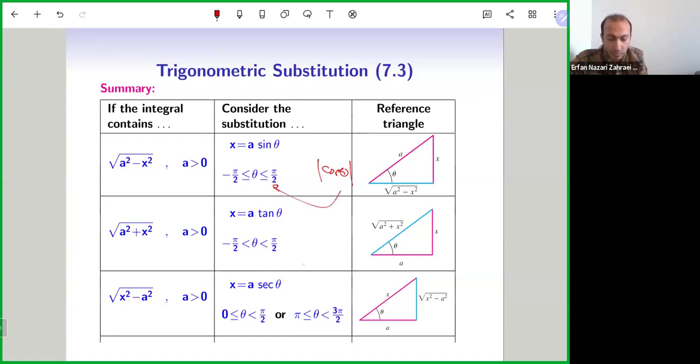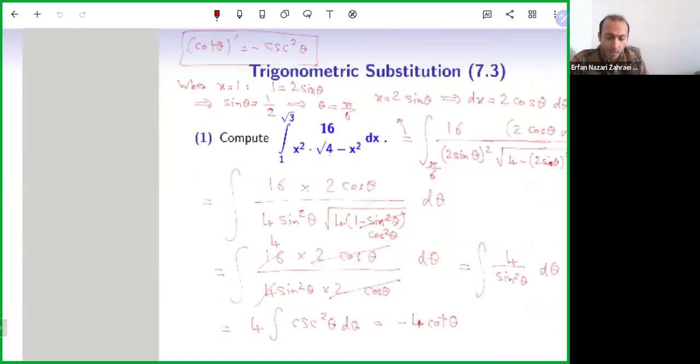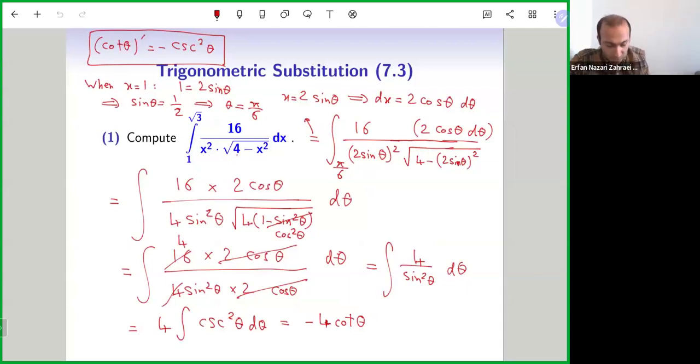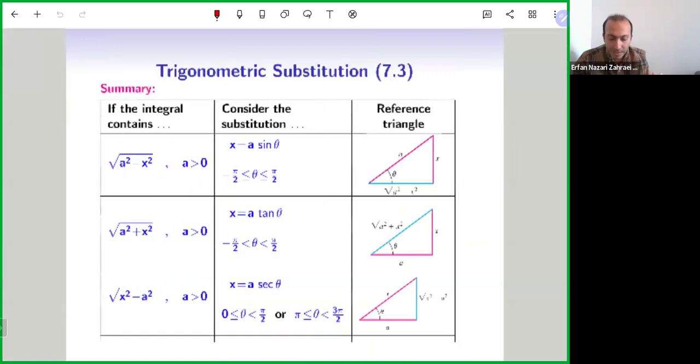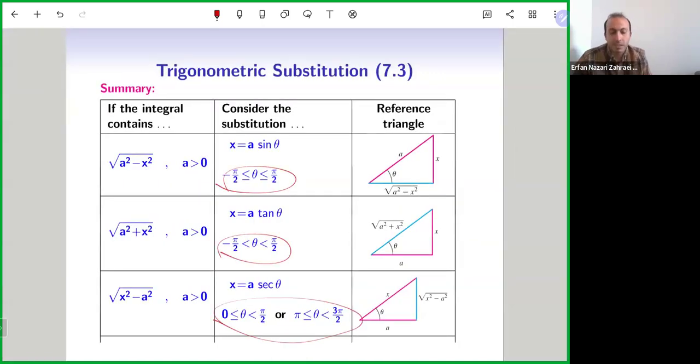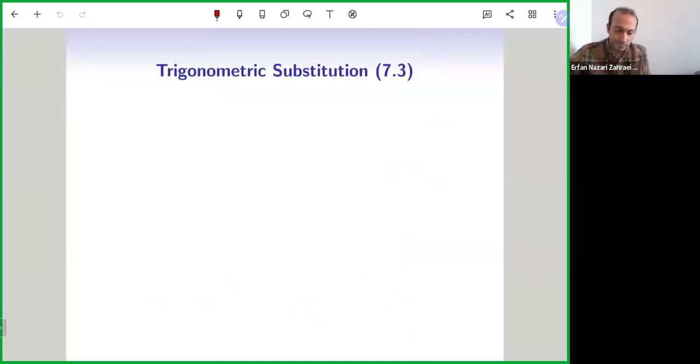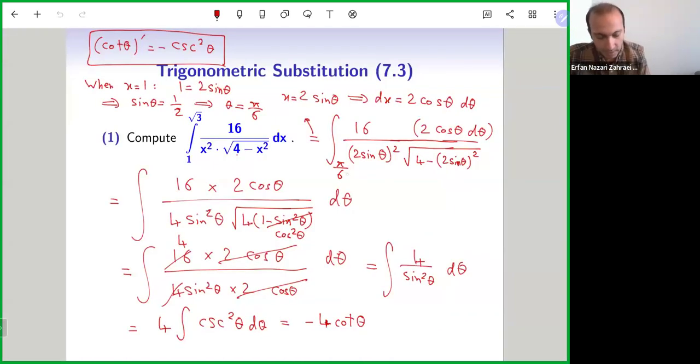That's true under these assumptions, under these intervals. If you choose some other intervals, then it's not true that you can drop the absolute value. Actually, after this step, it's not 2 cos theta, it's 2 absolute value of cos theta. If you want to take advantage of dropping the absolute value, then you need to make sure that theta values are in the corresponding intervals. So pi over 6, that's what I found.